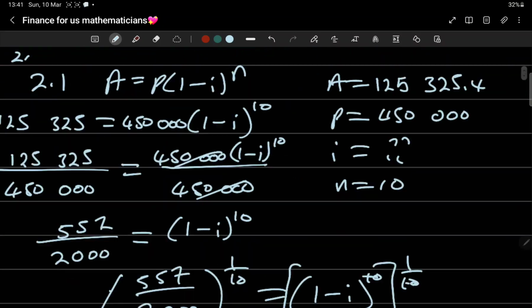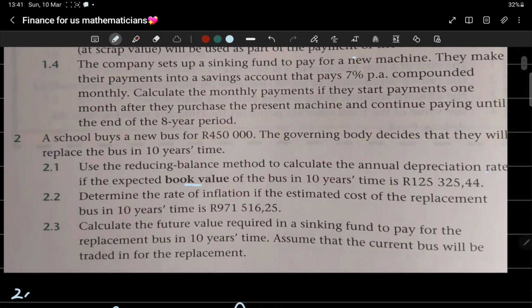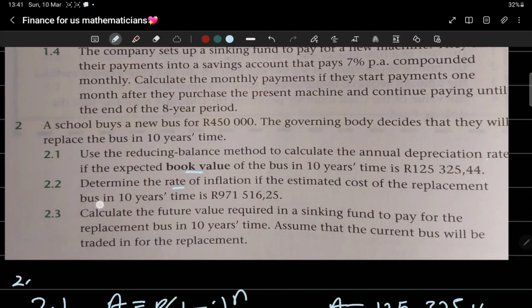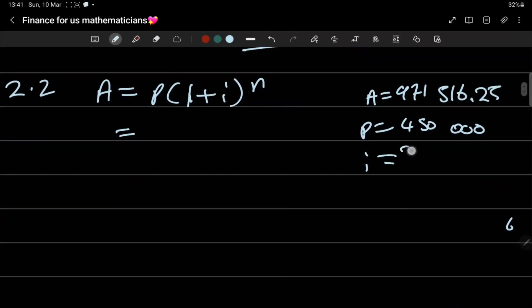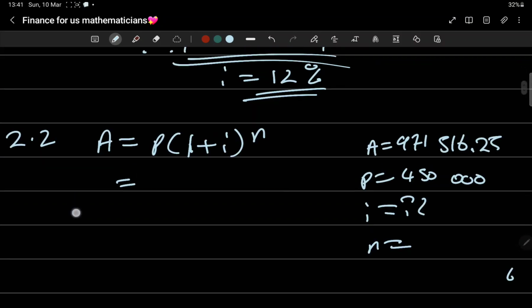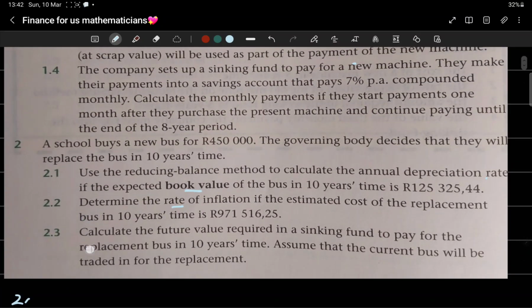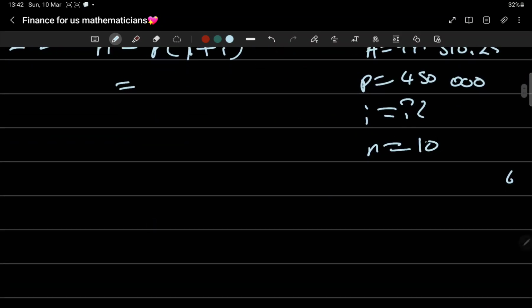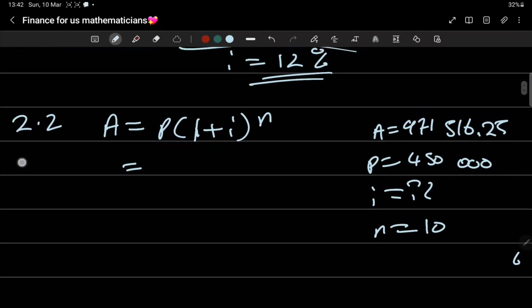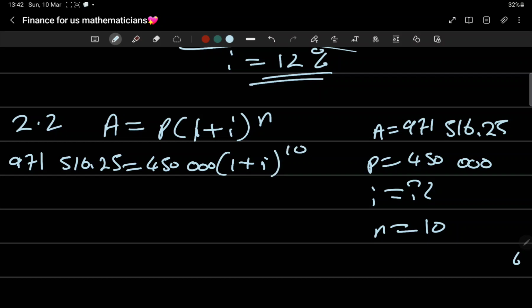What we are calculating is the rate of inflation, I. N is still the same, 10 years. For A, put 971,516.25. For P, you put 450,000, times 1 plus I, to the power 10.